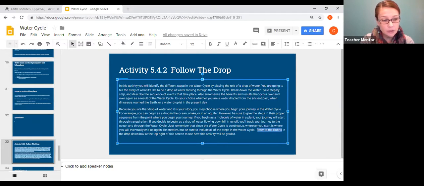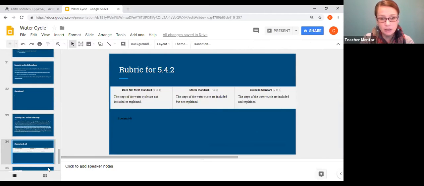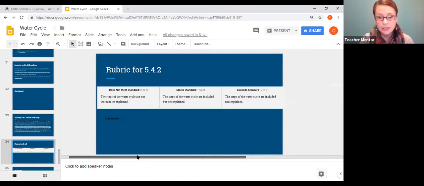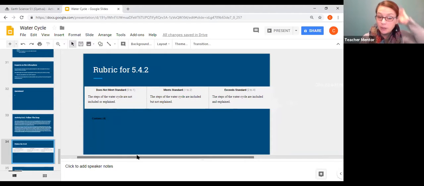If I look at the rubric associated with this assignment, the first section is my content, and I can earn up to 4 points for my content. A rubric is important in any assignment. If there is a rubric, my advice to you would be to look at it to make sure that you have included all of the information that the teacher is expecting. So for content, I can earn up to 4 points.